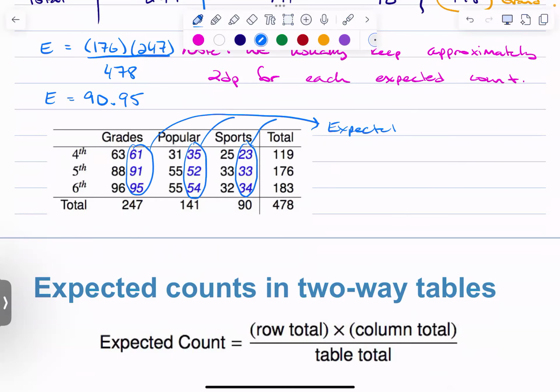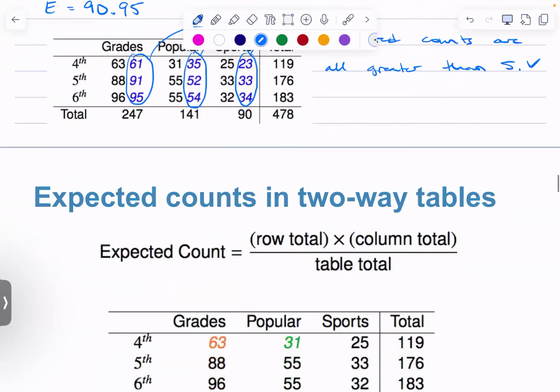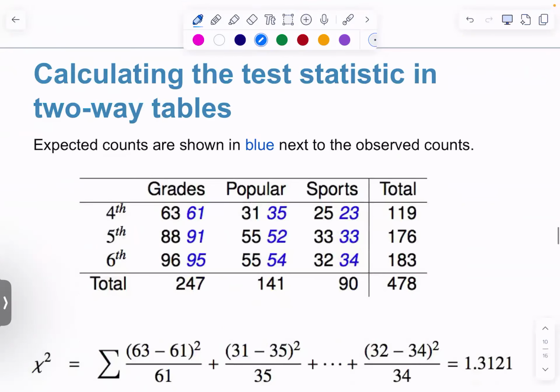Expected counts are all greater than 5. So that condition is satisfied. Now I'm gonna go back down there.